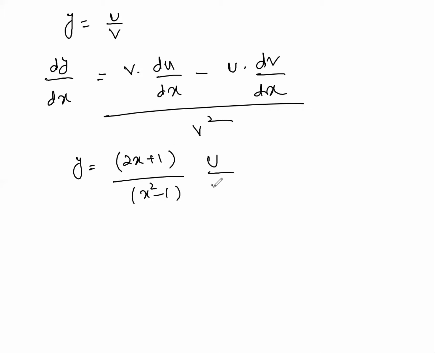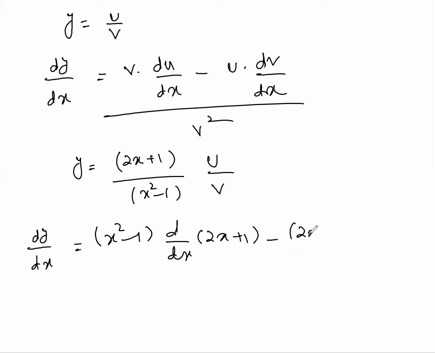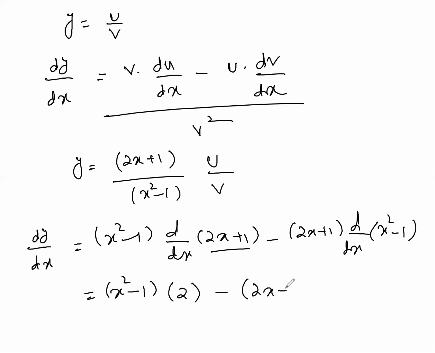Now you have a function in quotient form, so its derivative will be dy by dx: v as it is, x square minus 1, derivative of u which is 2, minus 2x plus 1, derivative of this which is 2x, and divided by v square which is x square minus 1 whole square.